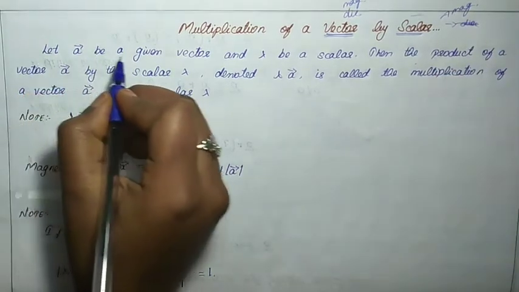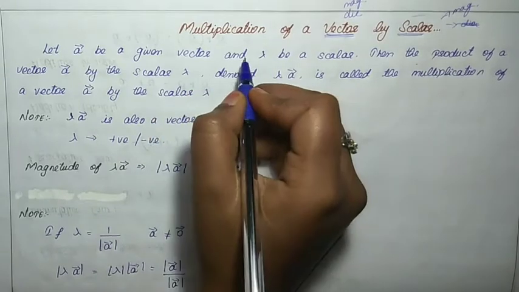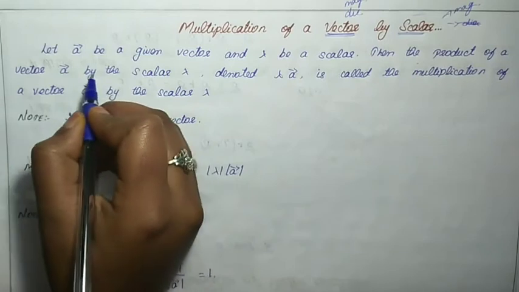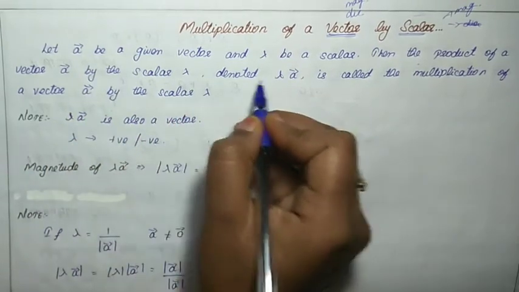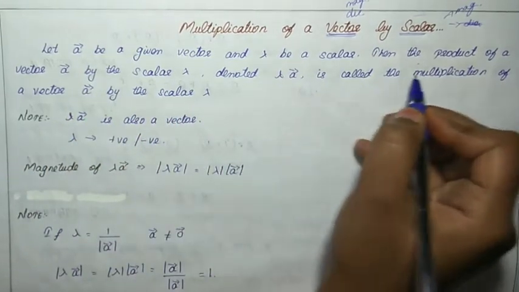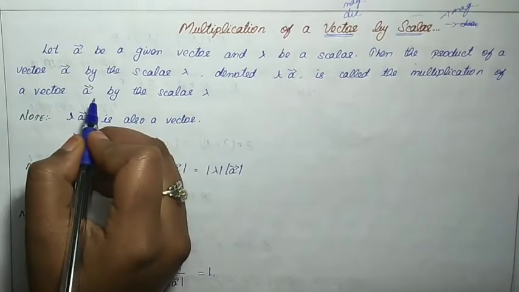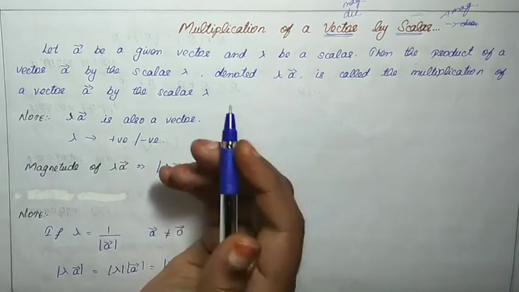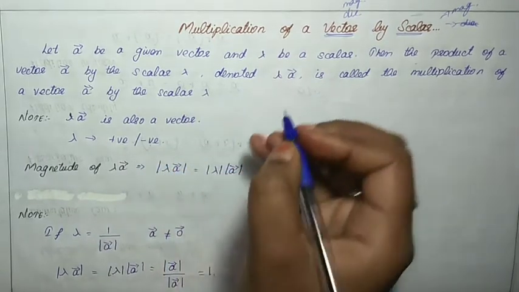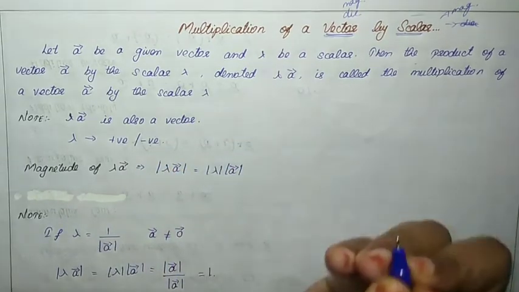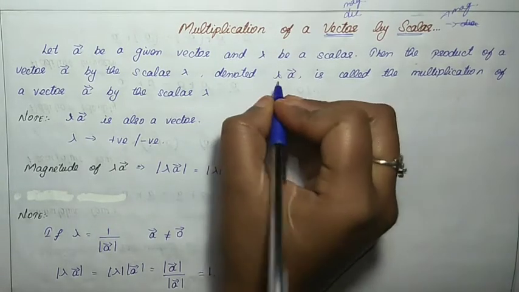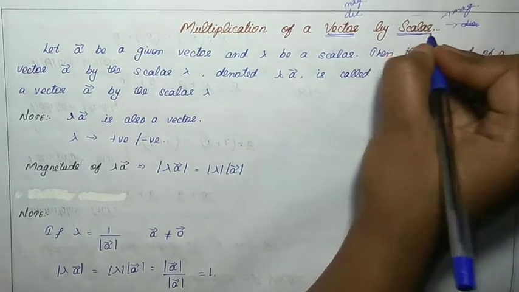Okay, let A vector be a given vector and lambda be a scalar. Then the product of vector A by the scalar lambda, denoted lambda A vector, is called the multiplication of a vector A by a scalar lambda. So we are multiplying a vector with a scalar quantity, or any number, any constant. This scalar is always a constant.